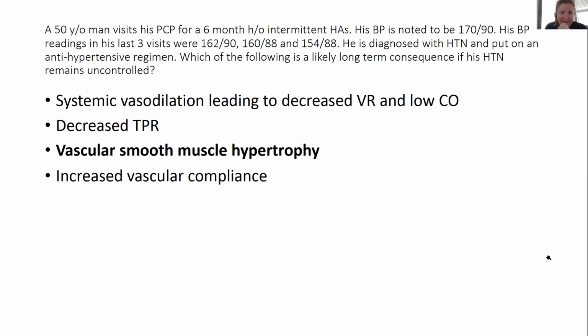You're going to have that vascular smooth muscle hypertrophy. What does that correlate to, guys? We have hypertrophy of the vascular smooth muscle. What's going to happen? Increased TPR, exactly. And you're also going to decrease the vascular compliance. So that all goes hand in hand. Next slide.